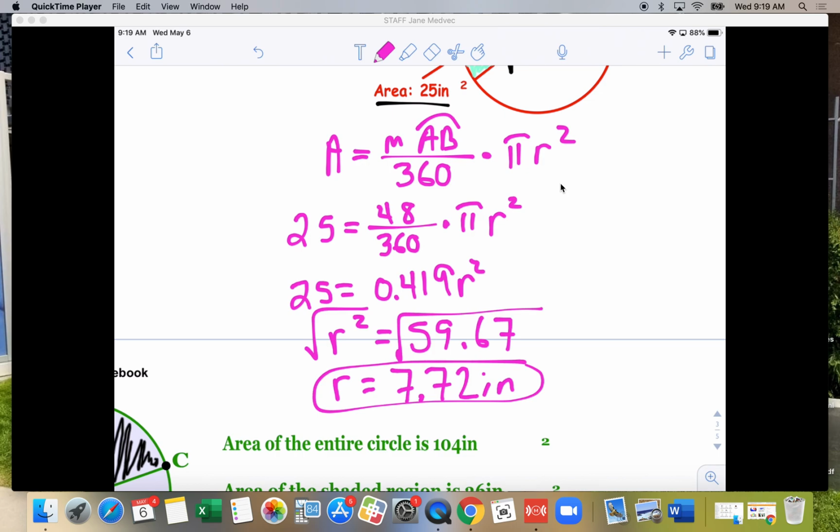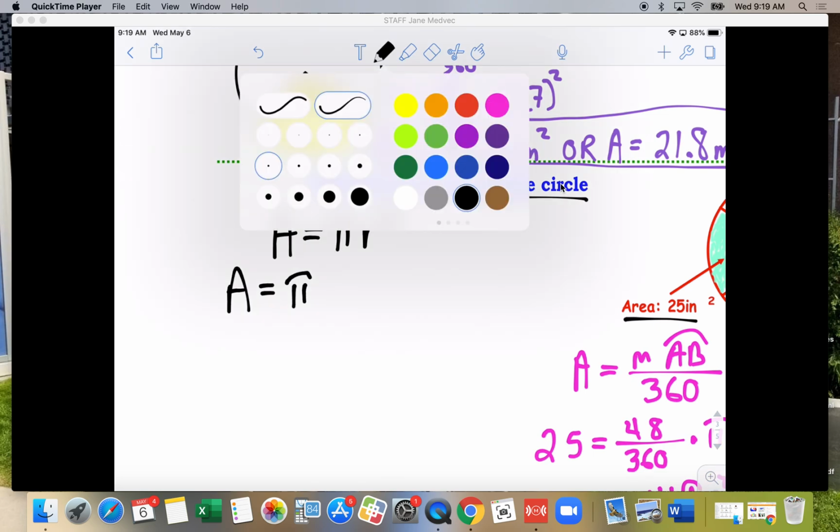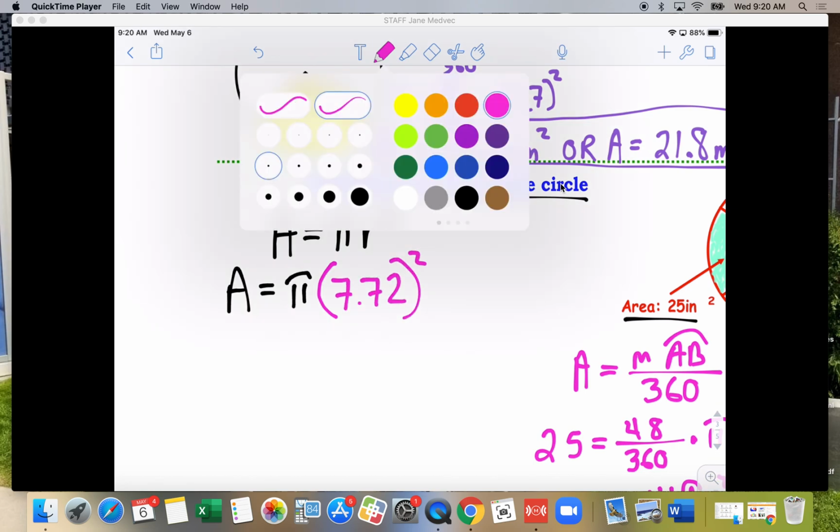So then you're going to come back up here and continue with your area. Area equals pi, and then for your radius, you're going to put in that 7.72 and square it.